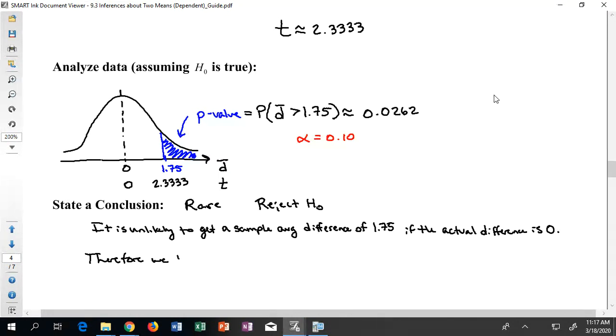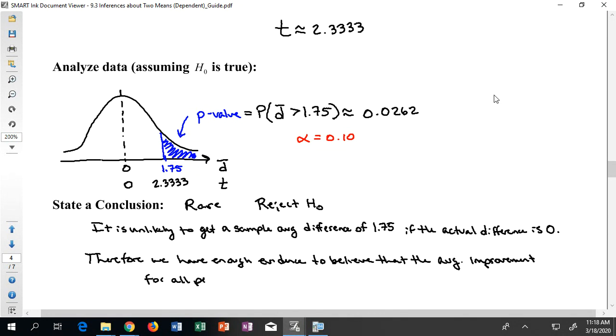So therefore, we have enough evidence to believe that the average improvement for all people is greater than 0, right?